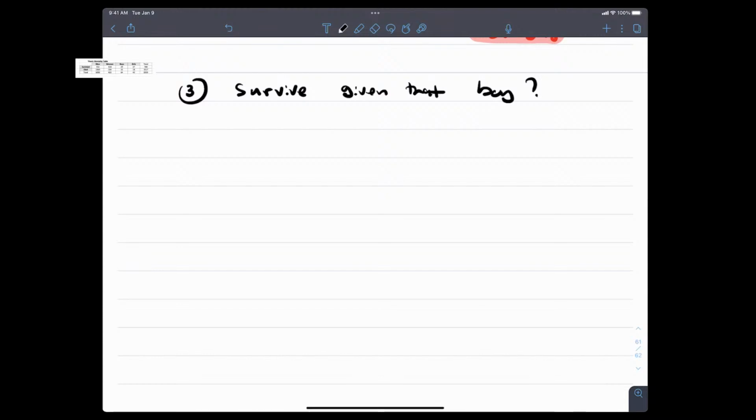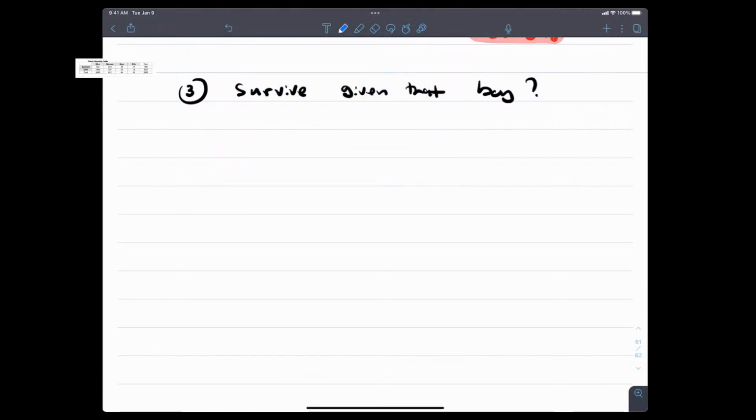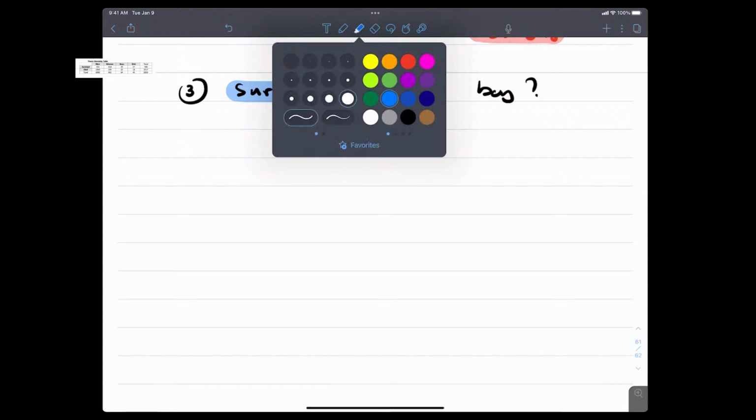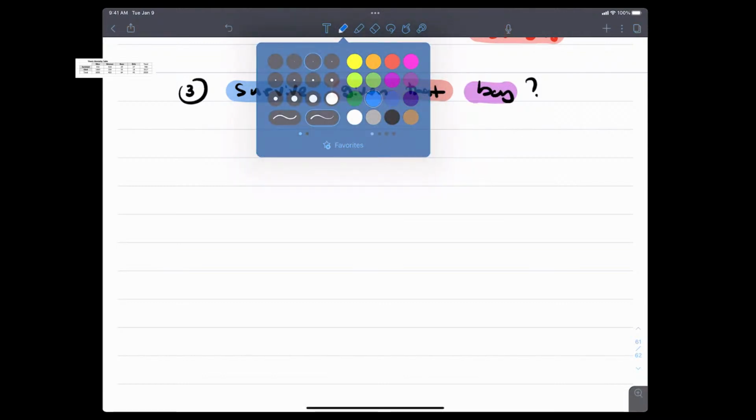So we're going to look at the children now, and in particular the boys. Now, this is a conditional probability, right? How do we know when we read this phrase? What's the tip off? The phrase "given that." You guys okay with that? Given that you are a boy.